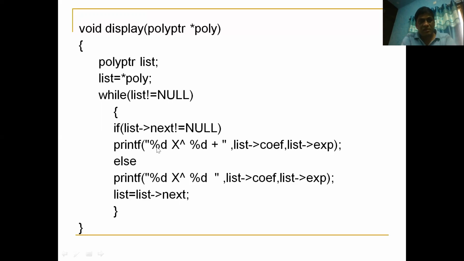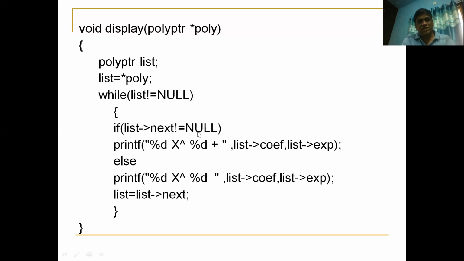For that, I'm using this syntax: %d x, the cap symbol represents exponent, followed by %d, and I'm putting this plus symbol to add the other terms. If list->next not equal to null, a plus symbol is required. Otherwise, because that is the last node, you don't need to put that plus symbol. That is why I'm differentiating between these two cases.